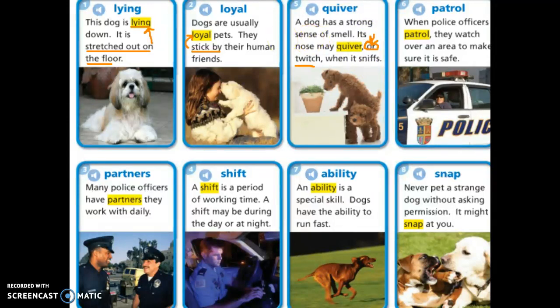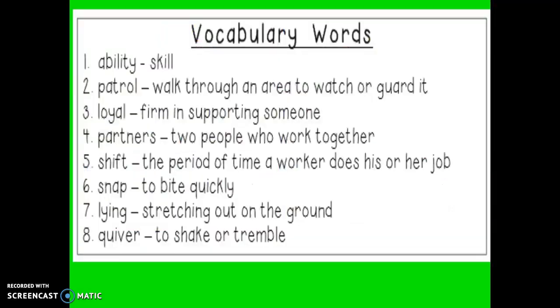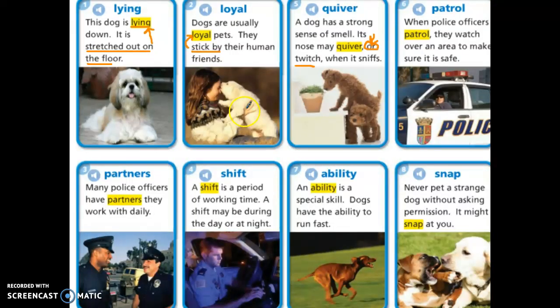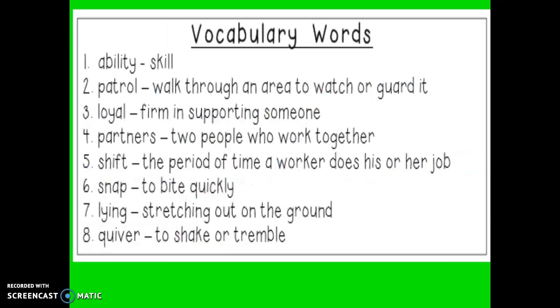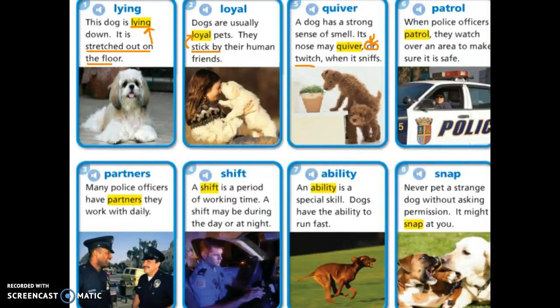So quiver means to twitch. The definition you will learn, to shake or tremble. Okay, so like to twitch your nose when they're smelling, like in our example. Okay, its nose may quiver or twitch. Okay, so all those words have similar meaning. Twitch, quiver, shake, tremble. So quiver means to shake or tremble.